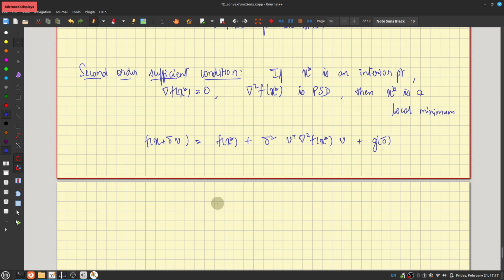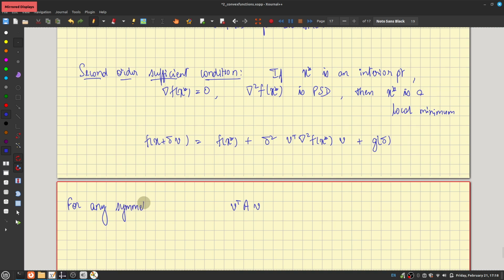If you look at the quantity v transpose A v, where A is some positive semi-definite matrix, in fact any symmetric matrix, you can derive both upper and lower bounds on v transpose A v in terms of the eigenvalues of A.